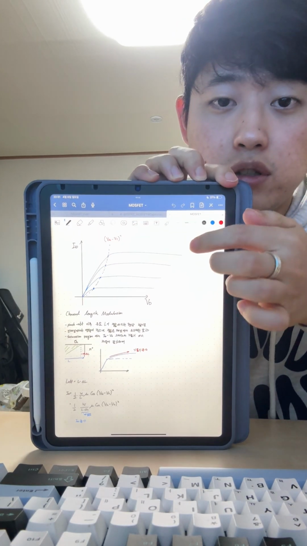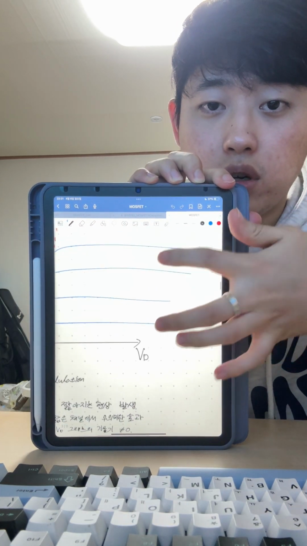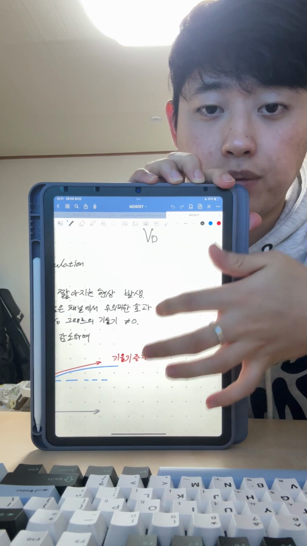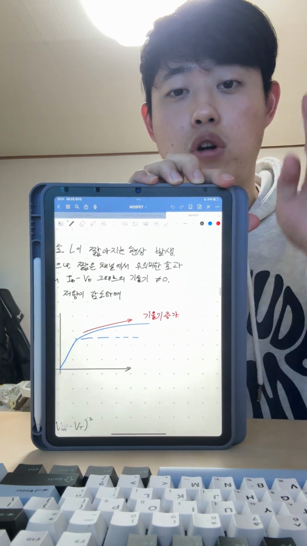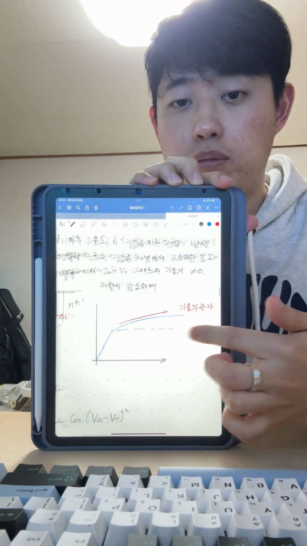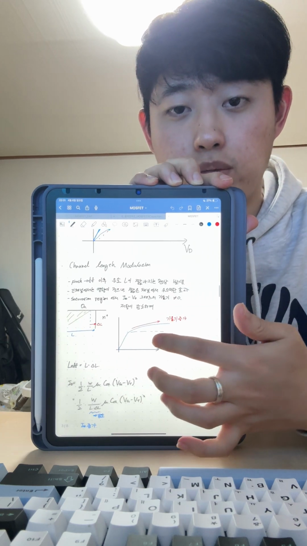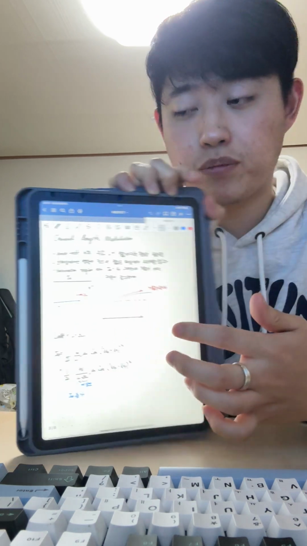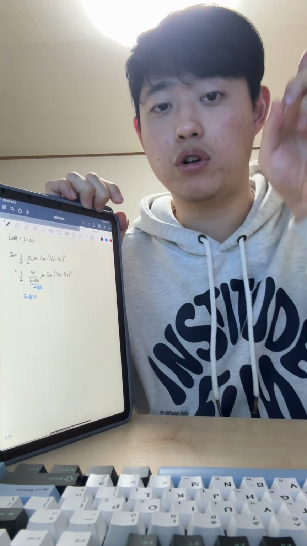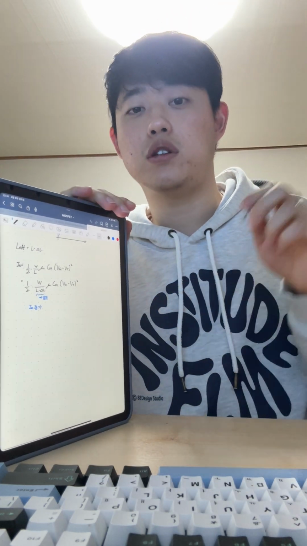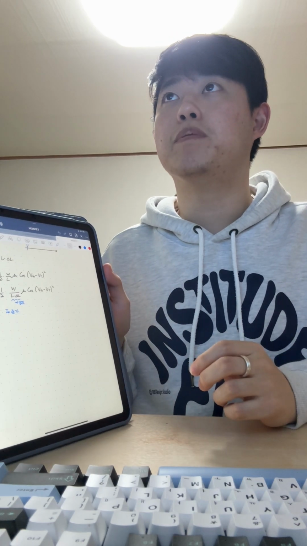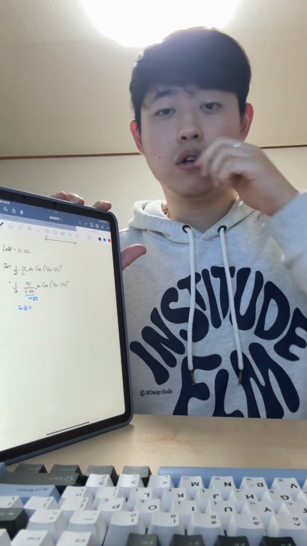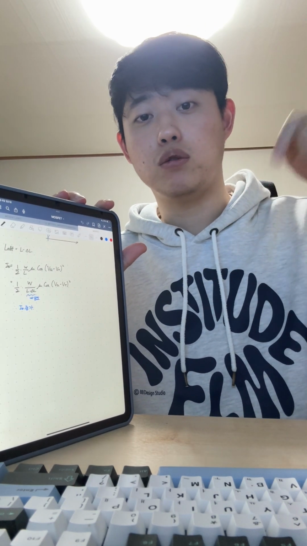So in saturation, the slope is higher because of pinch off and channel length modulation. So ID is higher, but this is not good because the resistance is lower and the gain is lower.